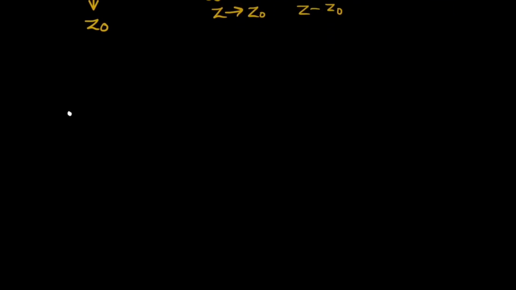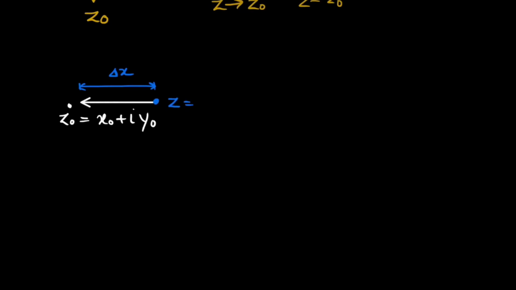Now suppose this is point z naught, x naught plus iota y naught, and we are approaching z naught horizontally. So suppose this distance is delta x, then this point z will be z naught plus delta x. Okay. And when z tends towards z naught, then this delta x will tend towards 0. Okay. Now let's find L1.